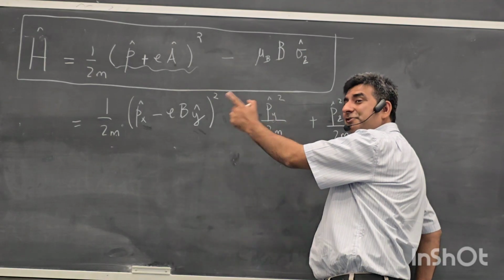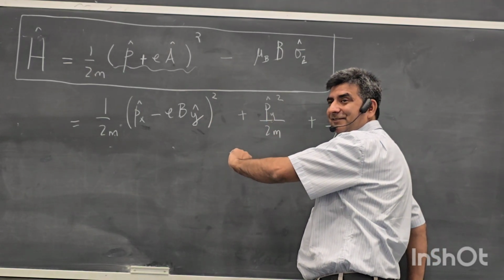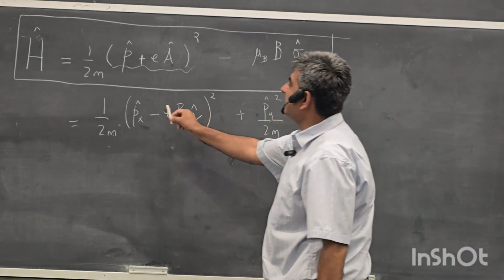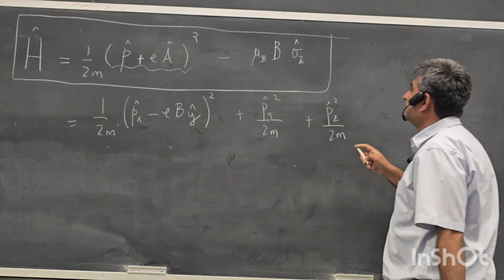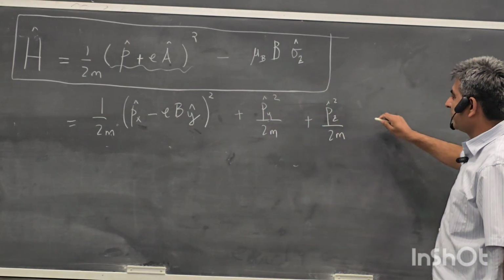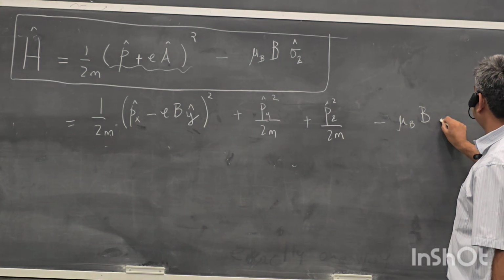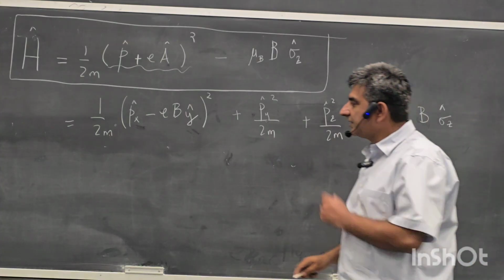But the energy level structure will be unchanged, because the energy level structure is real. So these three terms take care of the first term here, the kinetic energy term, plus we have a term corresponding to this minus mu B sigma z. Okay, so this is our Hamiltonian.